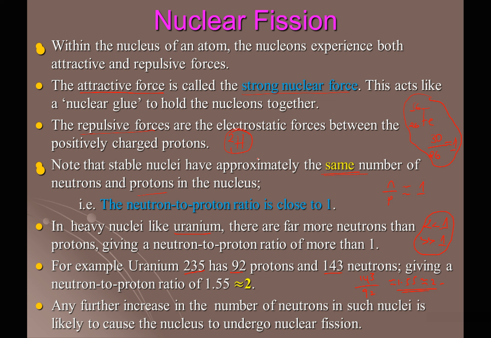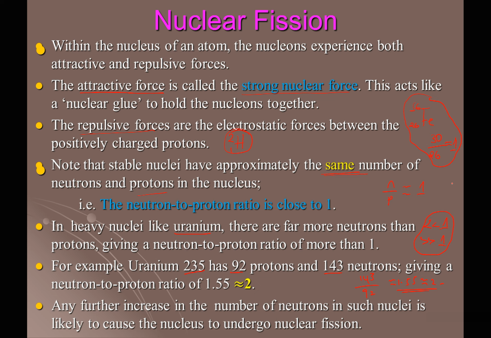But in general, nuclei whose neutron to proton ratio is approximately 1 are most likely going to be stable, and nuclei whose ratio is much less or much bigger than 1 are going to be very unstable.